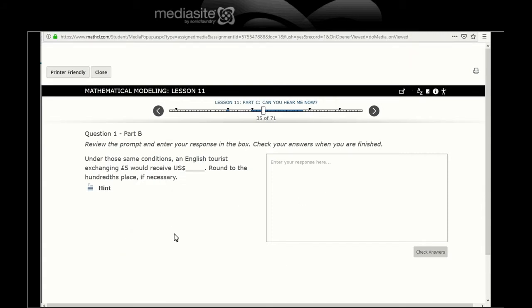Using those same conditions, an English tourist exchanging 5 pounds will get how many US dollars? Again, remember B was 0.60A. This is pounds, dollars, and I have 5 pounds, 0.60A with algebra. So that should give us 5 divided by 0.6.